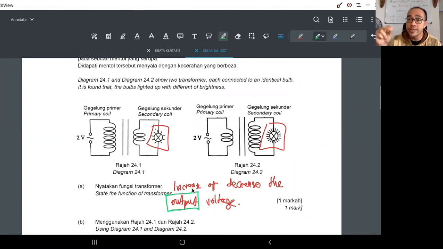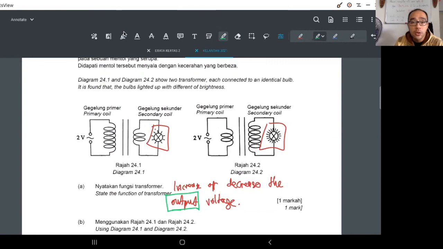What comes out is actually very important. So the output voltage is the one that is increased or decreased, so the words output voltage must be there. To increase or decrease the output voltage is the function of the transformer.